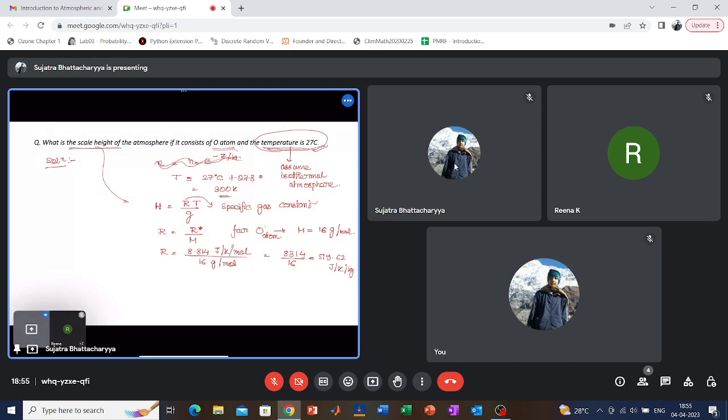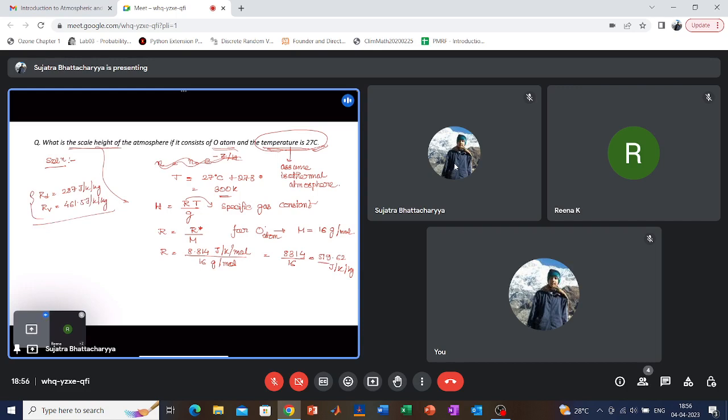Just to recap, for dry air it comes out to be about 287 joules per Kelvin per kg. For vapor it comes out to be about 461.5 joules per Kelvin per kg. So if there is an oxygen atom throughout the atmosphere, this will be the value of the specific gas constant.